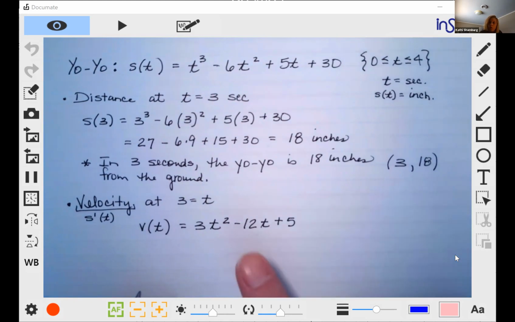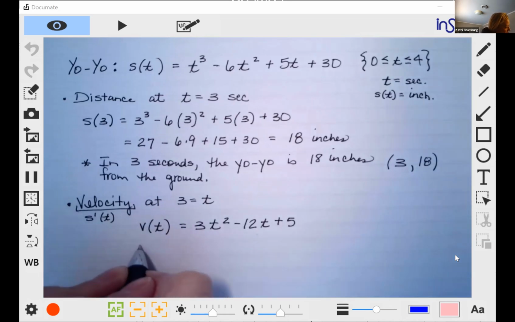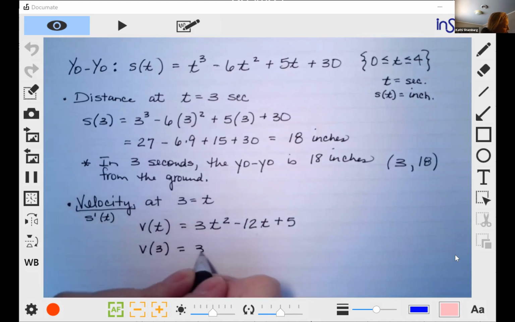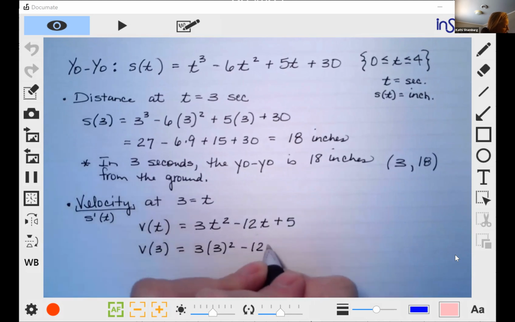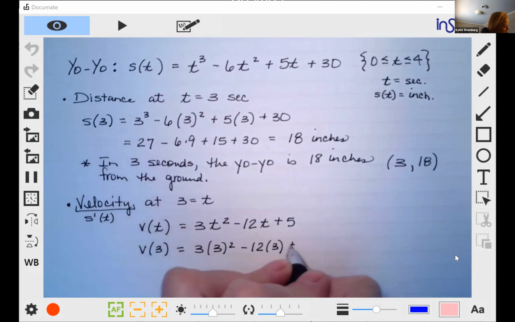All right, remember that the first derivative tells us the slope of the tangent line. So this is telling us the direction that the yo-yo is going. So I'm going to do this at 3 seconds. So we would have 3 times 3 squared minus 12 times 3 plus 5.